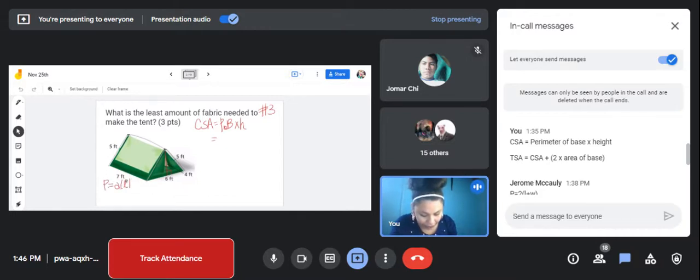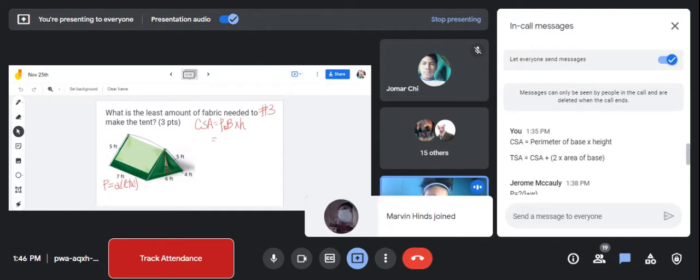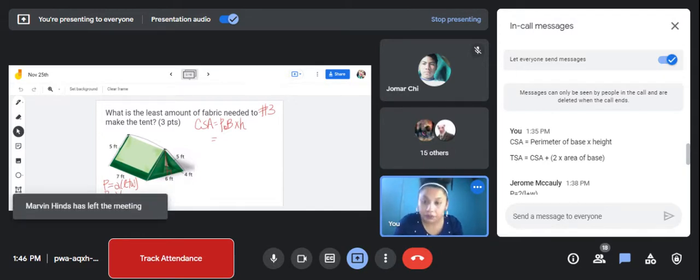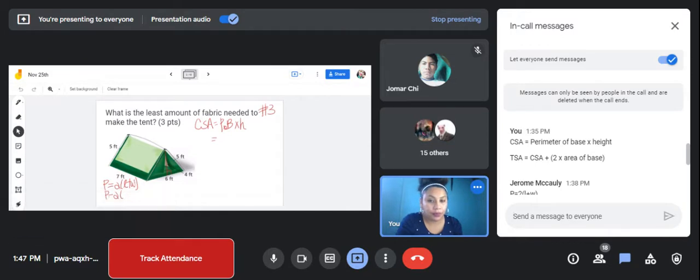When we find the perimeter and when we find the area, those are all your extra working. You don't necessarily have to show it, but you have to do it so that you know what it is. Based on this, what is the length? 7.